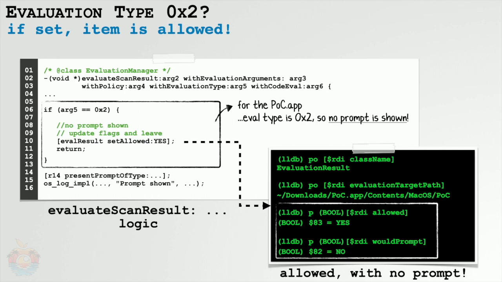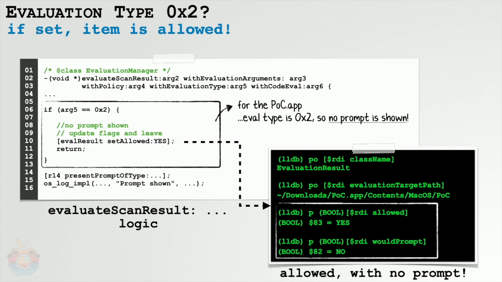So we have some breadcrumbs. We know SysPolicyD appears to be triggering the Gatekeeper evaluations, and we know now that for some reason it's evaluating our bare-bones script-based application to type 2, which again for some reason means it's allowed. So the question then becomes, what is evaluation type 2? Where is it set? Because this is likely going to point us exactly to the root cause of the vulnerability.